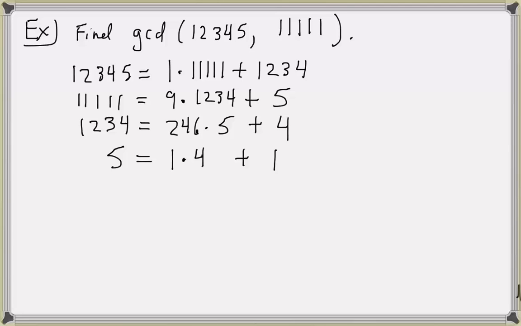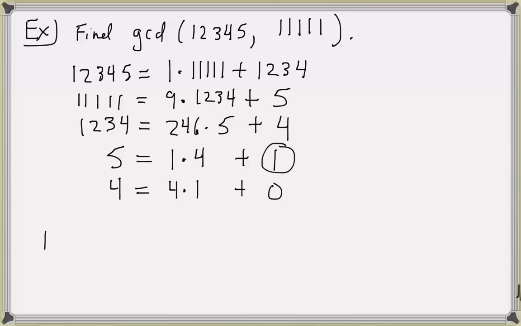And once you get a remainder of 1, you pretty much can stop, because in the next line you're sure to get a remainder of 0. But just to continue this out, 4 equals 4 times 1 plus a remainder of 0. So the last non-zero remainder was 1.